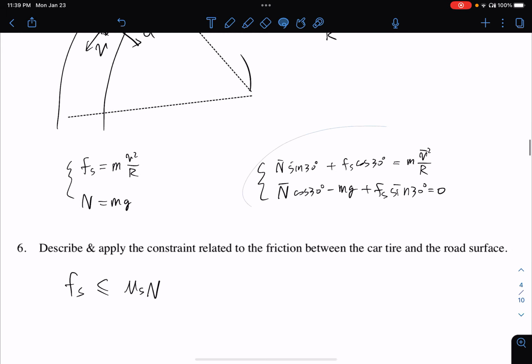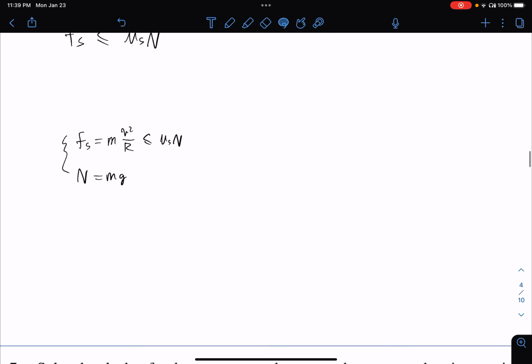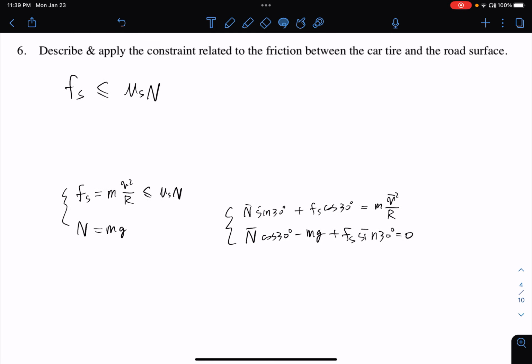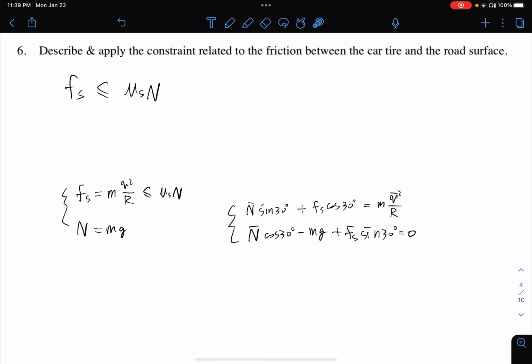In the other case, it's more complicated because here we have the static friction and normal force, and let us just keep the constraint over here so that we can solve it later. So we see the inclined scenario is harder to solve, but it's doable.